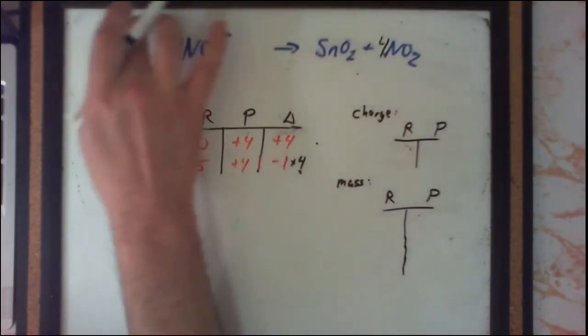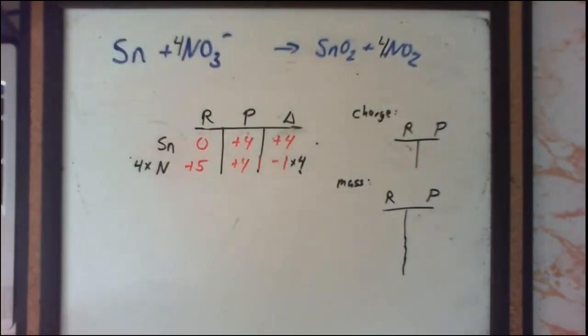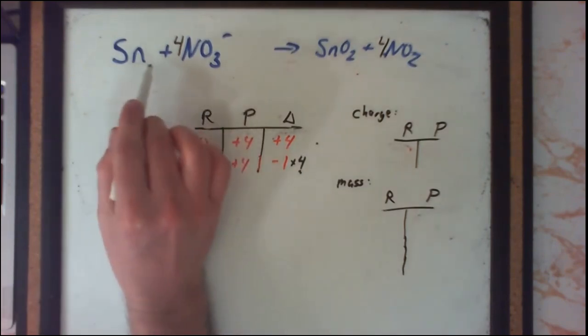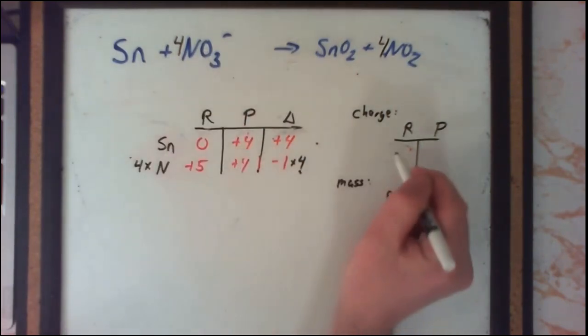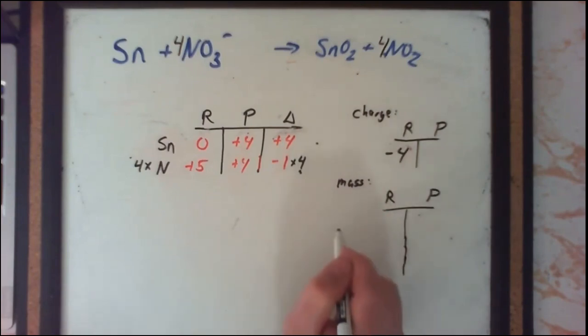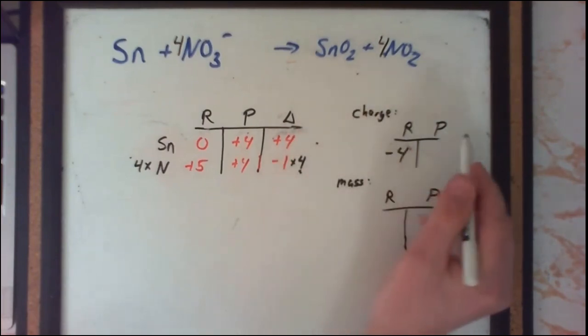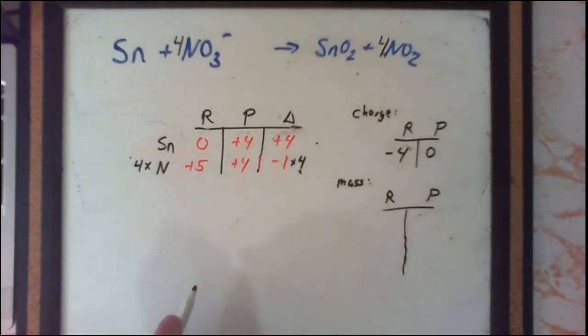Let's get rid of the oxidation numbers. The next step is to balance the total charge with hydrogen ions. So we have currently a total charge of 0 plus -4, or -4 on the reactant side. And on the product side, we have a total charge of 0. So I'm adding hydrogen ions, I'm adding positive charge particles.